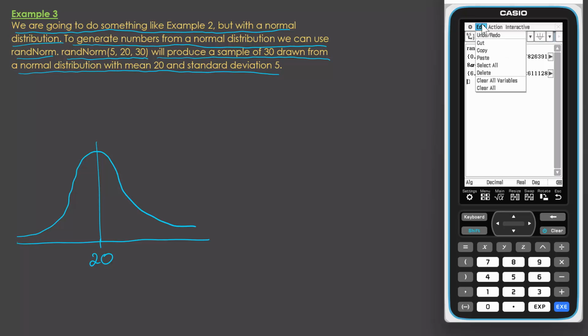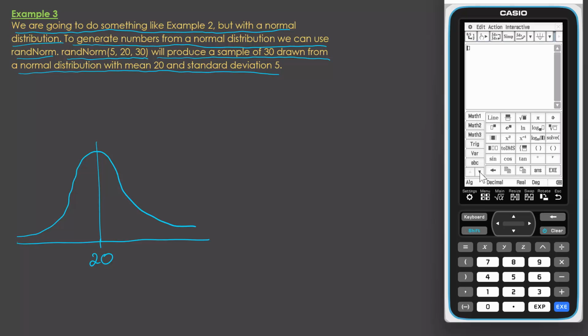So I'm just going to clear off the work from 2. I'm also going to clear all the variables, something you should do reasonably regularly on your class pad. So we're going to go to the catalogue and across to R, and we're going to find randnorm.